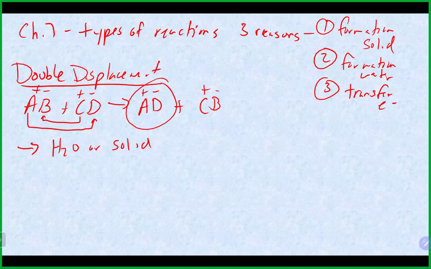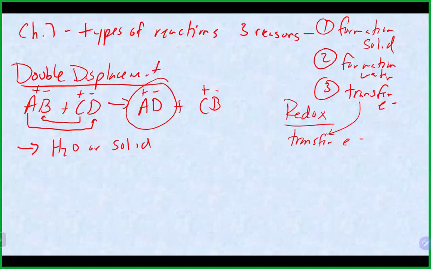All other ones we'll talk about later in this chapter, which are redox reactions, and those involve the transfer of electrons. Redox stands for oxidation reduction, which means both things are happening, with electrons being transferred from one substance to the next.